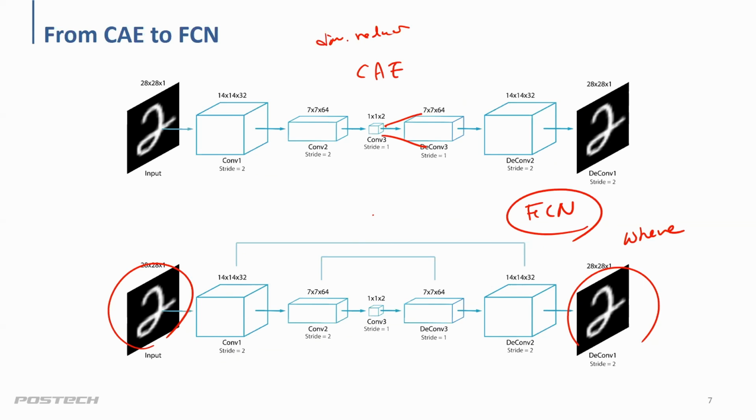But if you think about how to reconstruct the locations, these are symmetric structures. So I want to get the location information by having skip connections. That's the only difference between the CAE and fully convolutional neural net.